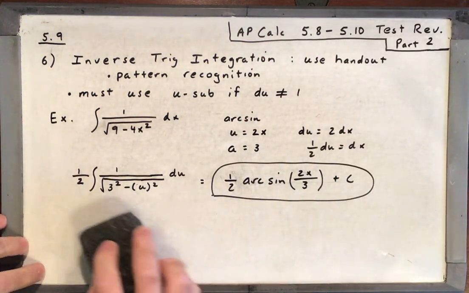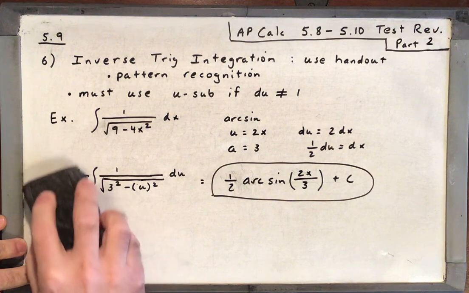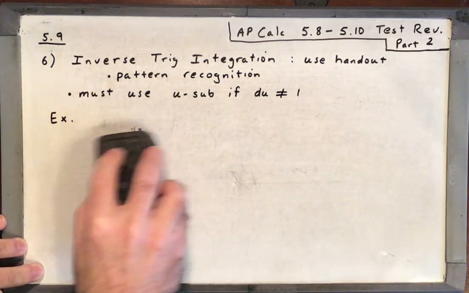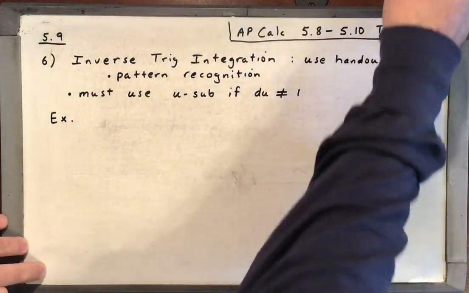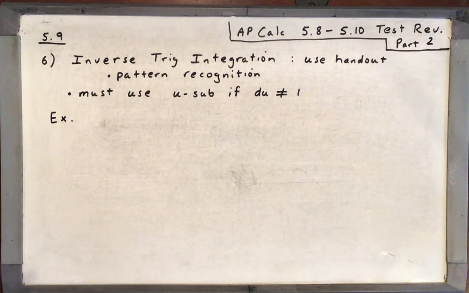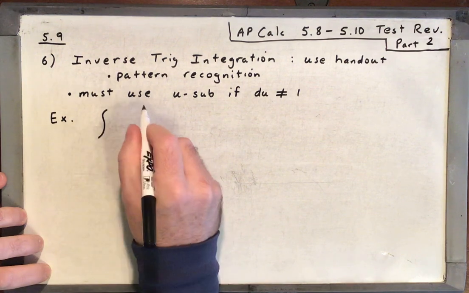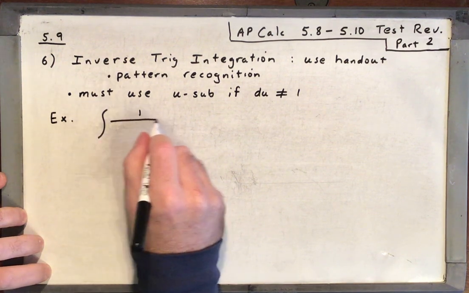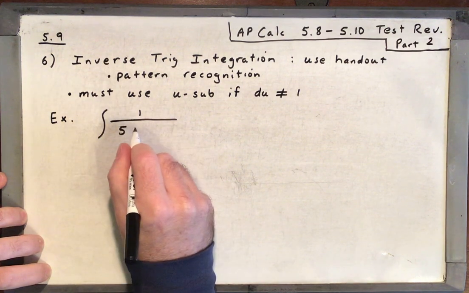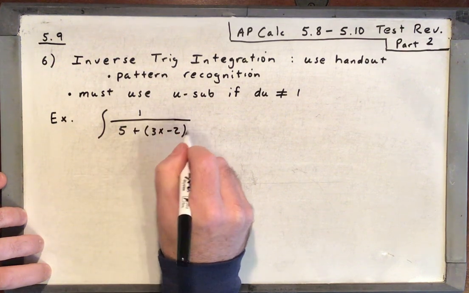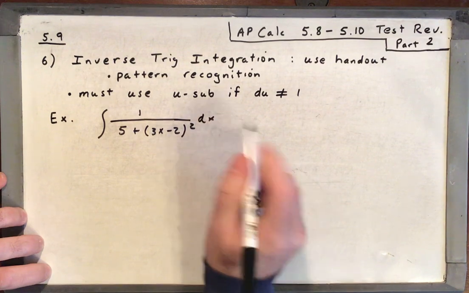Okay, let's do one more example on these. Let's say we want to integrate 1 over 5 plus (3x minus 2) all squared dx.